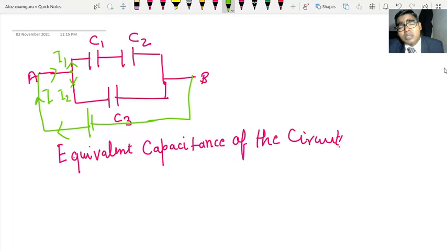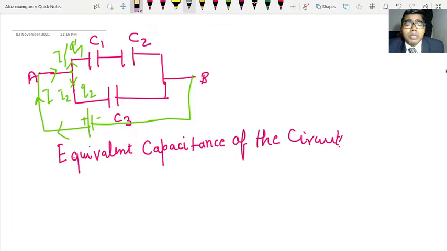For capacitors, charge is emitted from the battery source and flows from here. You can assume the charges q1 and q2, and then q1 dash and q2 dash. Don't be confused by the notations.